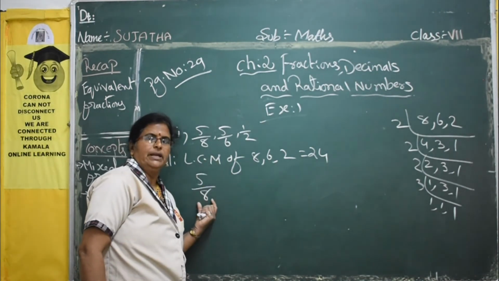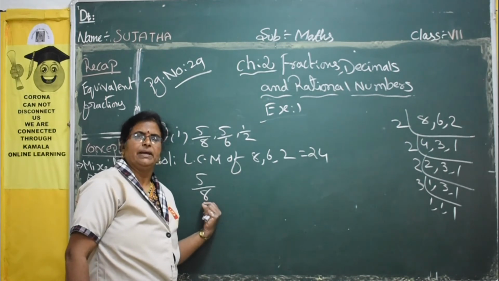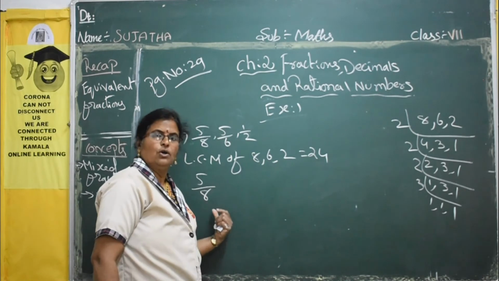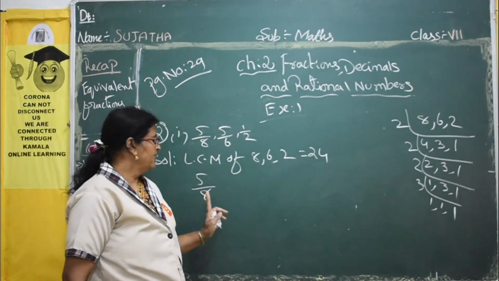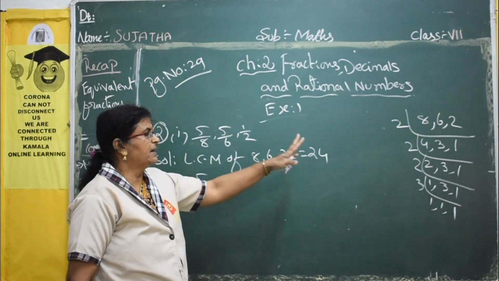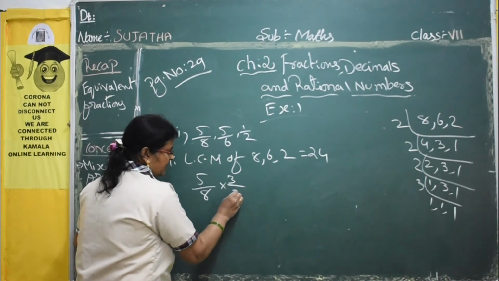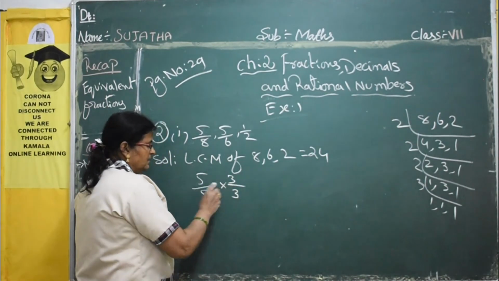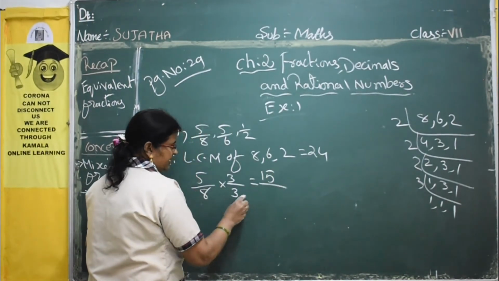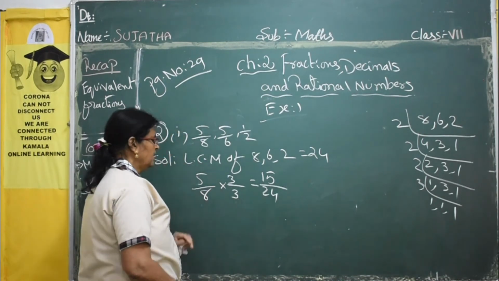To make the denominator 24, by what number do you have to multiply 8? 3. So if you multiply 3 by 3, 5 3s are 15, 8 3s are 24. Denominator we got 24 now.